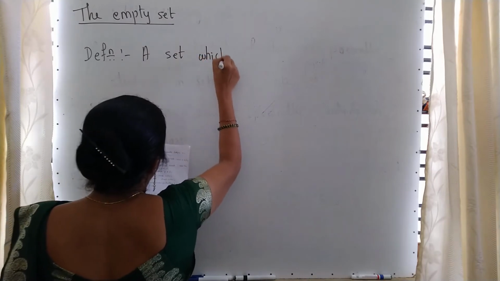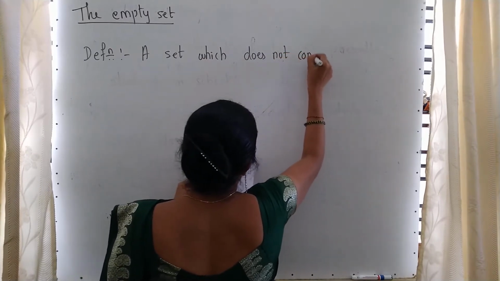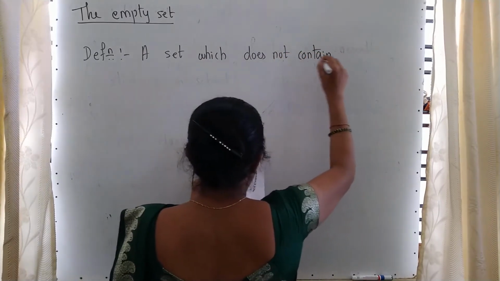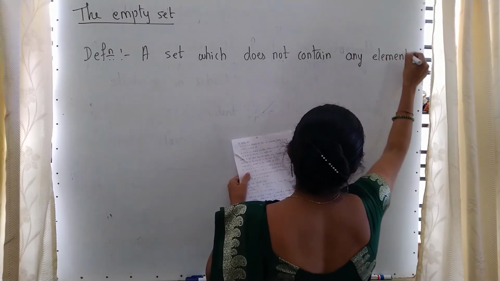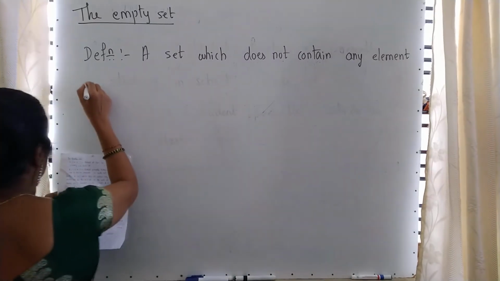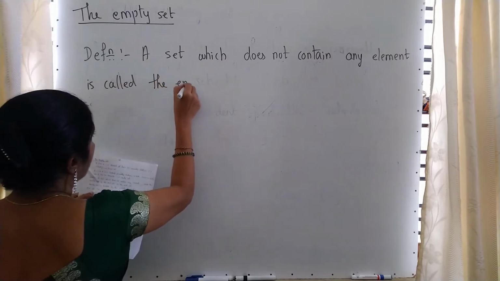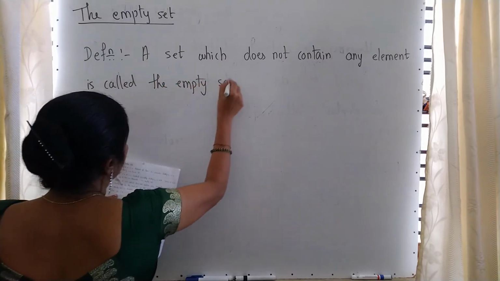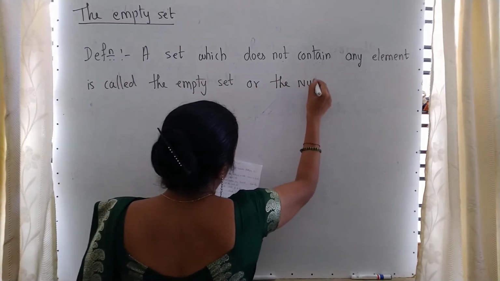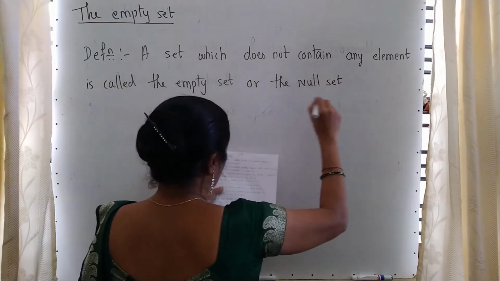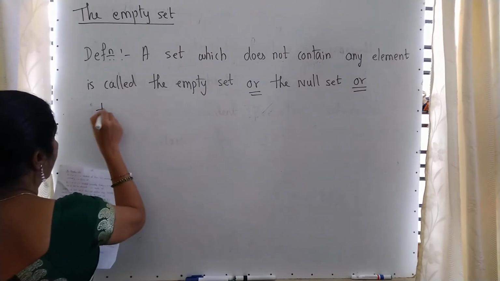A set which does not contain any element is called the empty set, or the null set, or see how many names there are, or the void set.